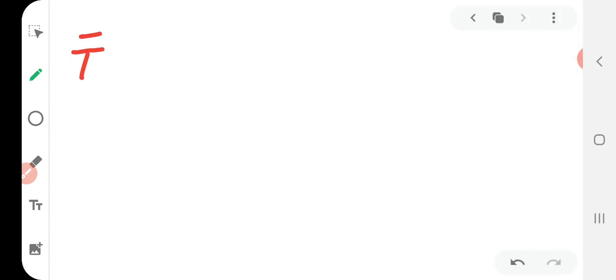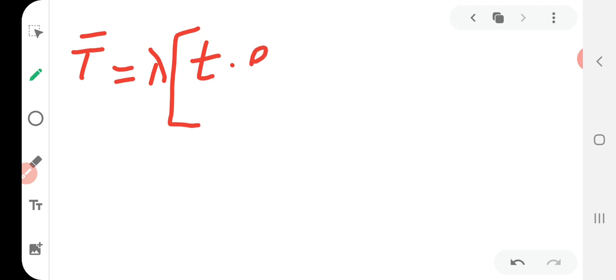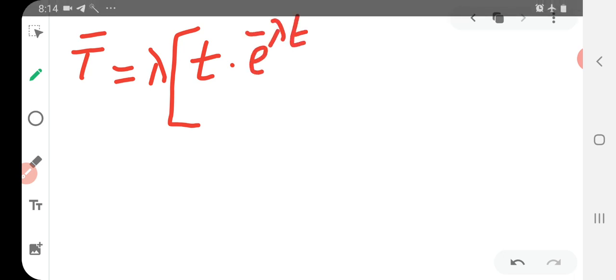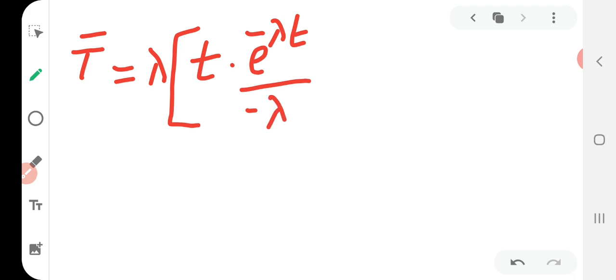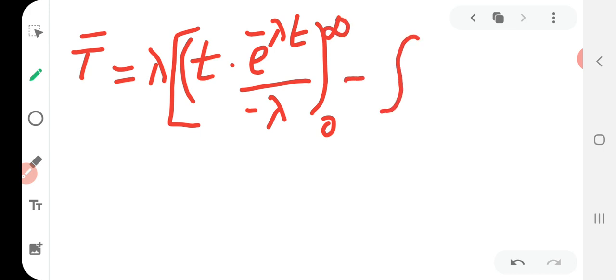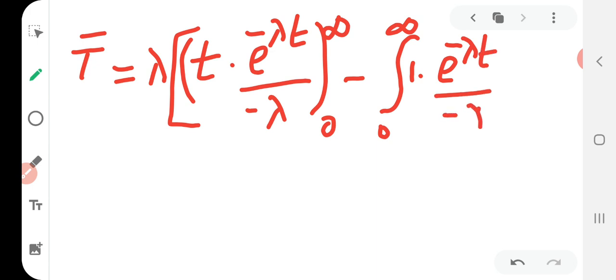That is, t bar will be lambda into first function, which is t, into the integral of the second, that is e raised to minus lambda t divided by minus lambda within the limits 0 to infinity, minus the integral, again with limits 0 to infinity, of the derivative of the first, the derivative of t is 1, into the integral of the second, that is again e raised to minus lambda t by minus lambda.